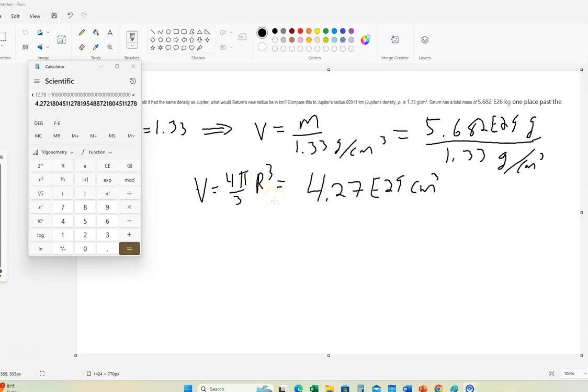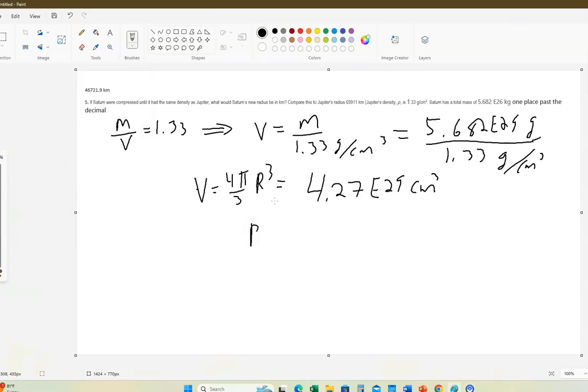Okay, so now we're going to solve for r. This is just another algebra step. So r cubed is going to equal 3 times this number, 4.27 times 10 to the 29th, and of course that's centimeters cubed.